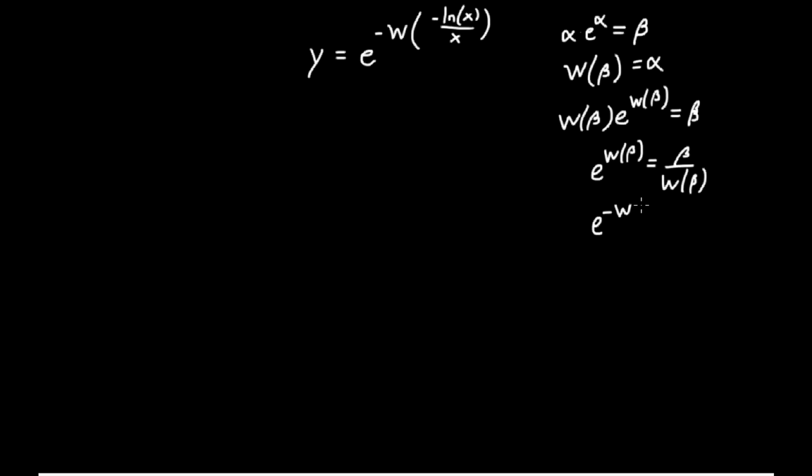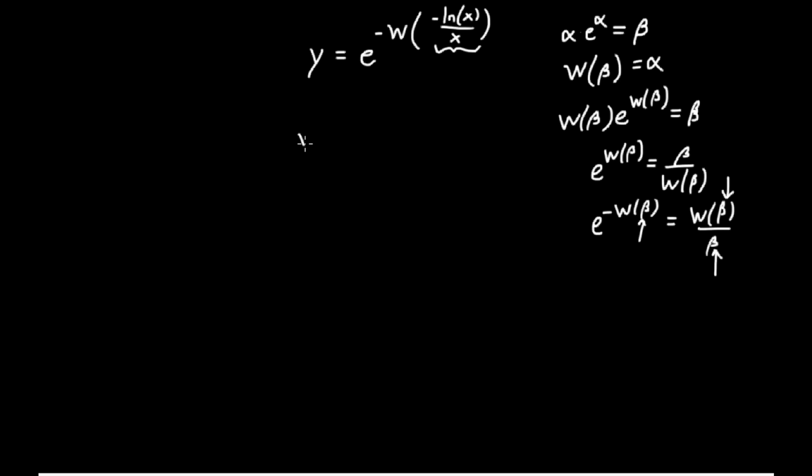So that's going to negate that exponent there, and I'm just going to flip the right-hand side: W of beta over beta. So what that means is that if I ever see e raised to the negative W of some stuff beta, I'm allowed to rewrite that as W of that same stuff divided by that stuff.